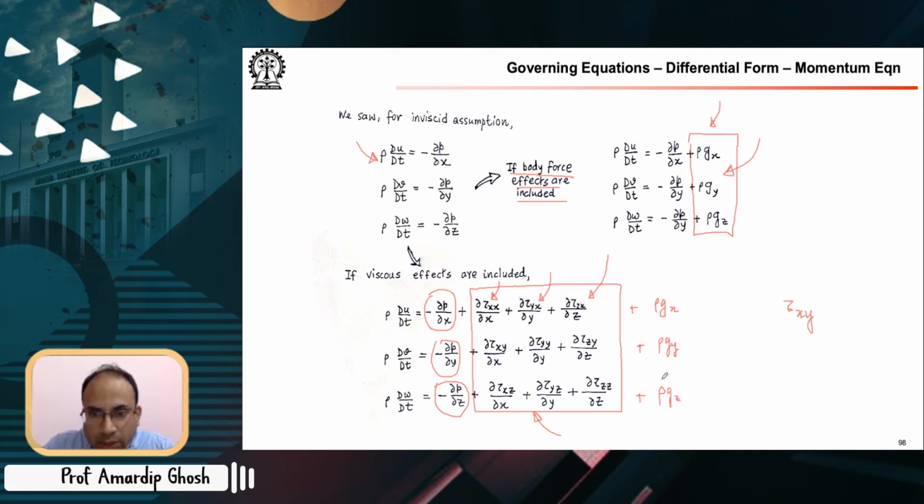Anyway, this one is the contribution from the body force term. This is the contribution from the viscous terms. Viscous nature contributes to these terms. In a lot of aerodynamics problems, we ignore body forces, as they are not very significant compared to the other forces at play.